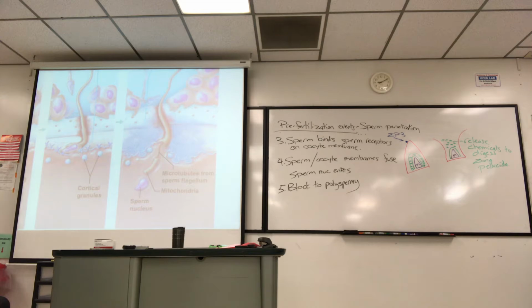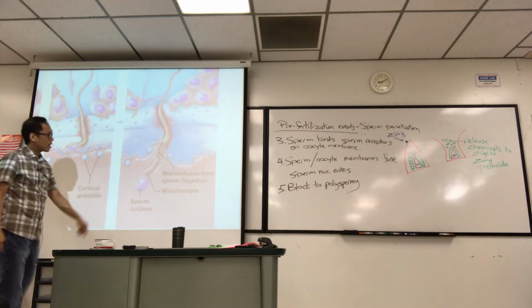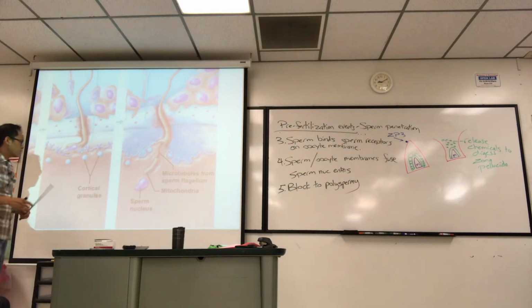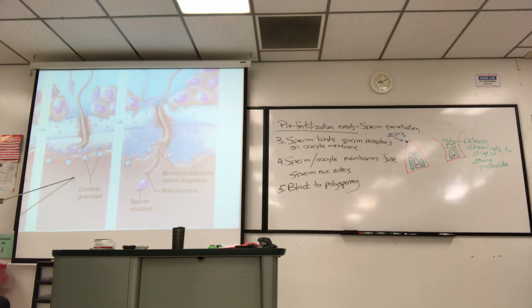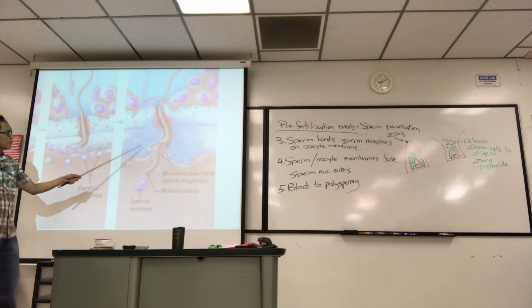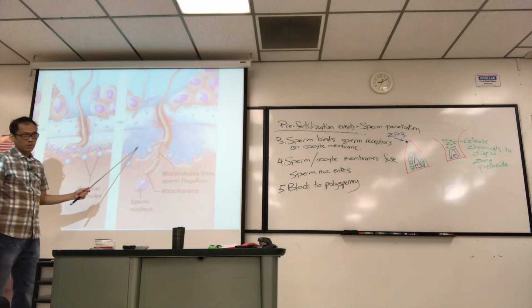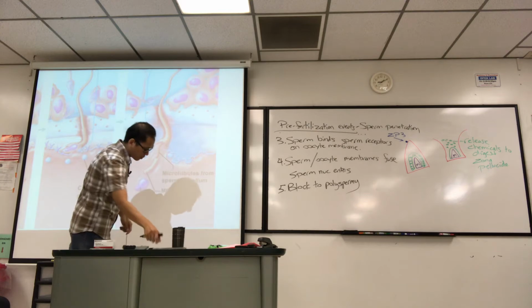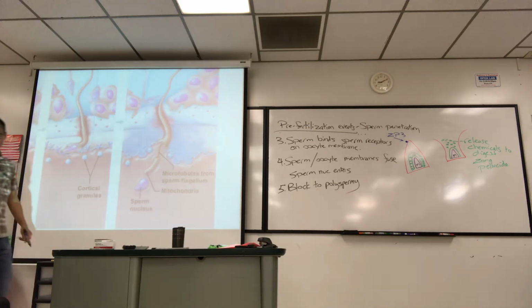Here we see on the right, the sperm nucleus got in, and that triggers a reaction. In the cortex of the oocyte, there's these granules. And then when the sperm gets in, it triggers this cortical reaction where the granules in the cortex release these chemicals that harden zona pellucida, and that's the block. Let me read it from the slide here.